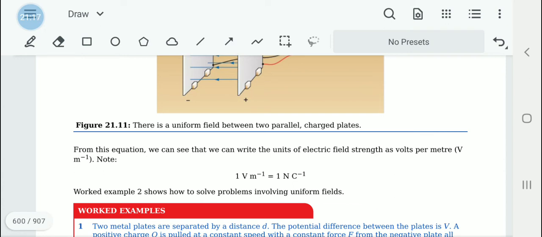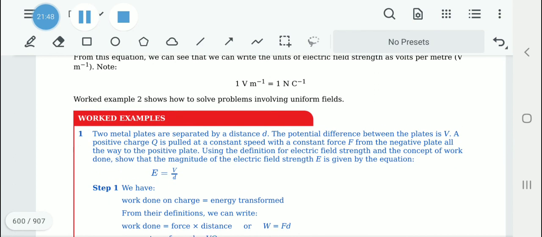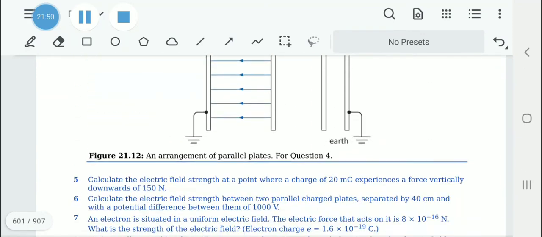From this equation, another line, from this equation, we can get another unit for E, which is Vm^-1, volts per meter. I hope you understood. If you did not understand, please ask me questions. And please do the questions 4 to 8.